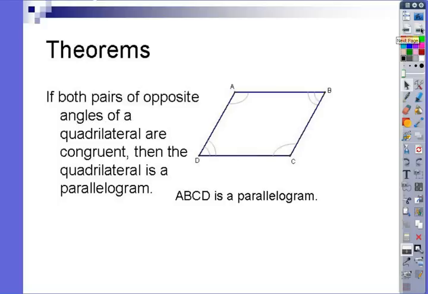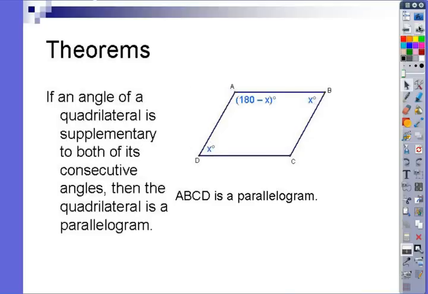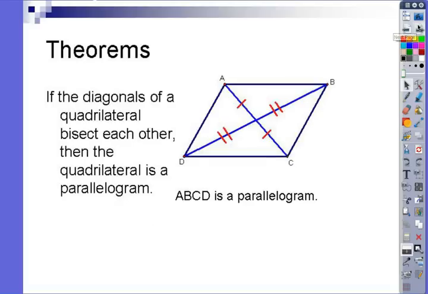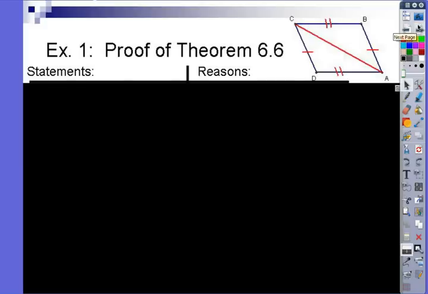That's a property of parallelograms also. If we've got a quadrilateral where consecutive angles are supplementary, then, you guessed it, parallelogram. If we've got a quadrilateral where diagonals bisect each other, it's a parallelogram. Okay, so those are things that we can use in proofs to prove a parallelogram.